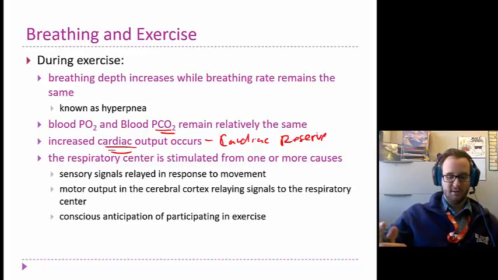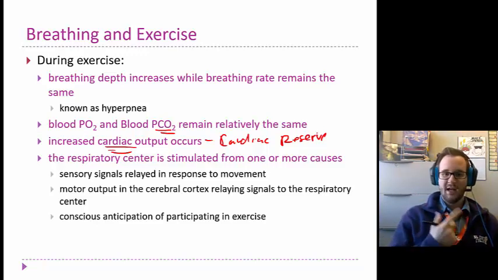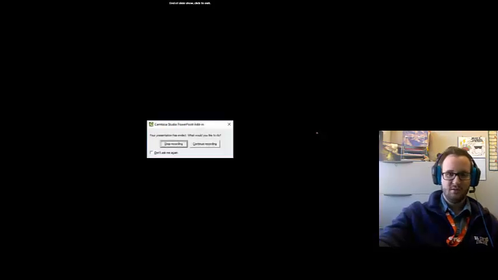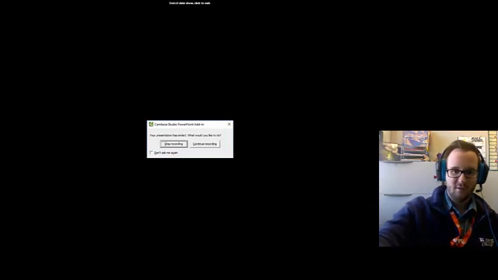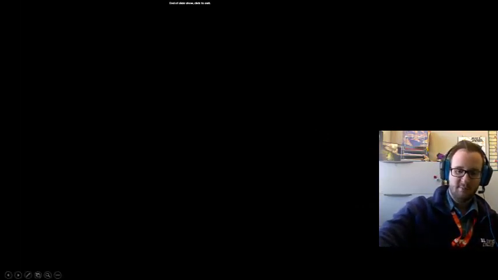And this is going to increase both perfusion and ventilation to your lungs, allowing more gases to exchange. And this is going to happen to keep your body's CO2 levels and PO2 levels stable. And so whenever you exercise, they actually stay the same. pH doesn't change much, with the exception of the acidity that occurs.